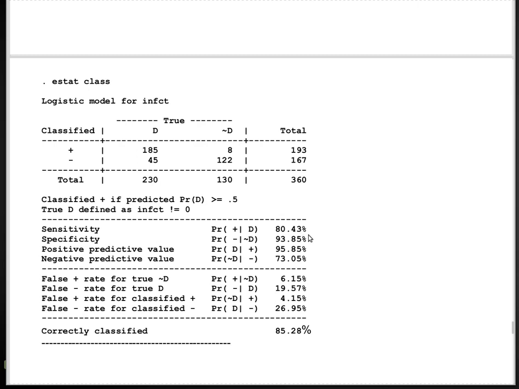And indeed, we get what you might say are promising-looking estimates of sensitivity and specificity based on this simple probability threshold of 50%. And you might say again, well, we could have used other thresholds here.